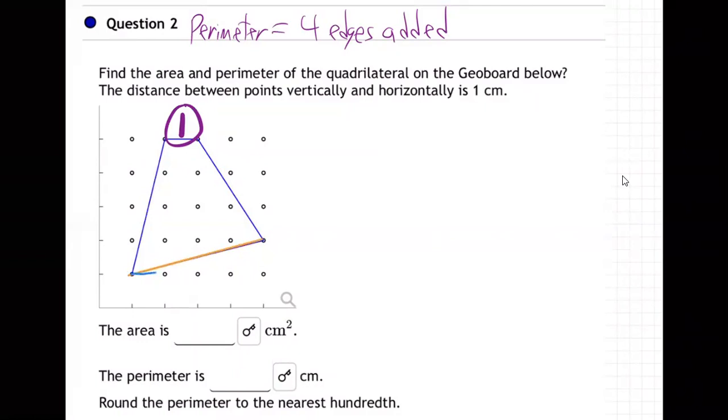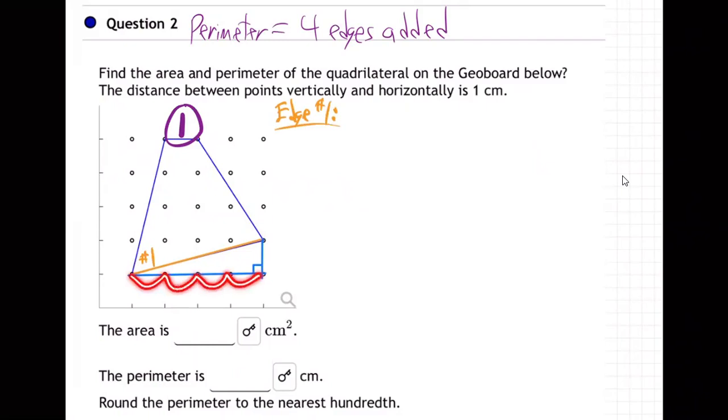I'm going to have to come in and make a little right triangle right there. Because it's a slanted piece, I can't figure it out directly. To find that edge, so we'll call this edge number 1, I'm going to use the Pythagorean theorem.